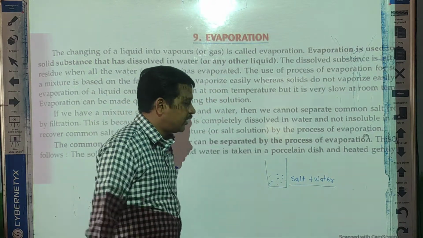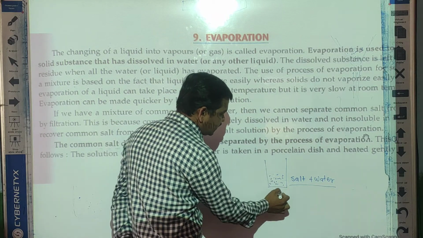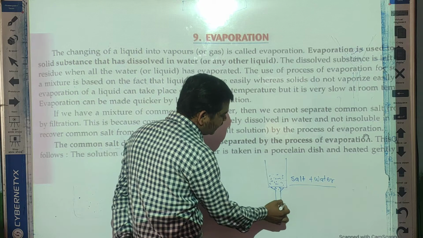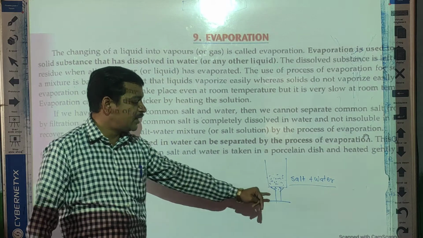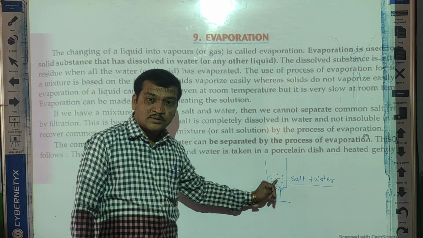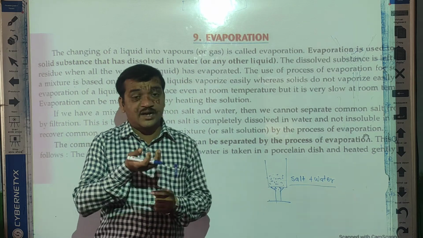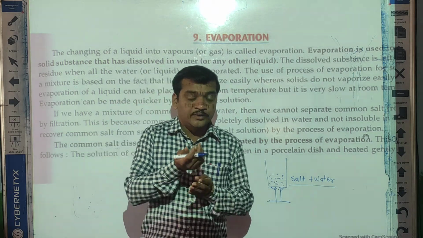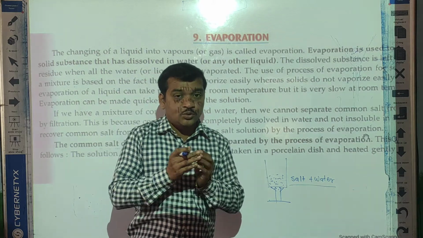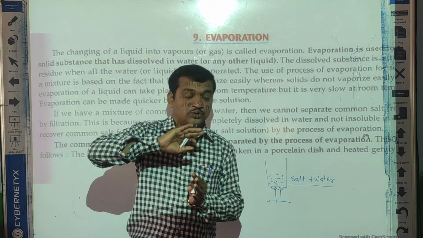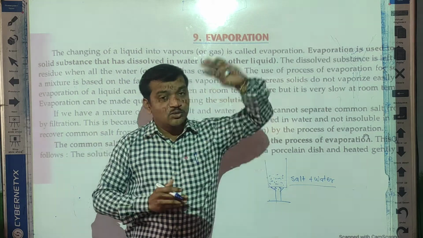Now one thing we can do, we can heat this water. Students, you just need one gas burner, or you can take a candle. With the help of a candle you can provide heat to the beaker. What happens is, due to the heat the water starts boiling, and due to boiling the water changes into water vapor. Just provide heat to the solution till the water completely evaporates.